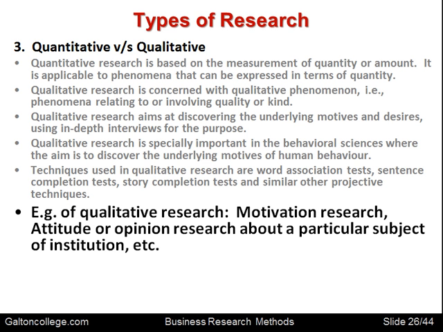For example of qualitative research, well, motivation research, attitude or opinion research about a particular subject or institution, etc. Looking at motivations, looking at attitudes. Now there are scales that are used to try and pick up strength of feelings.